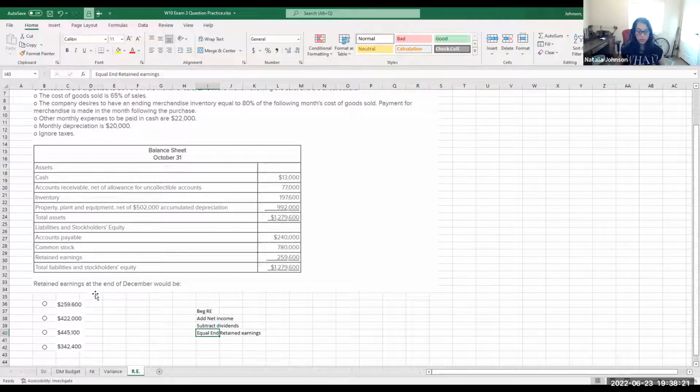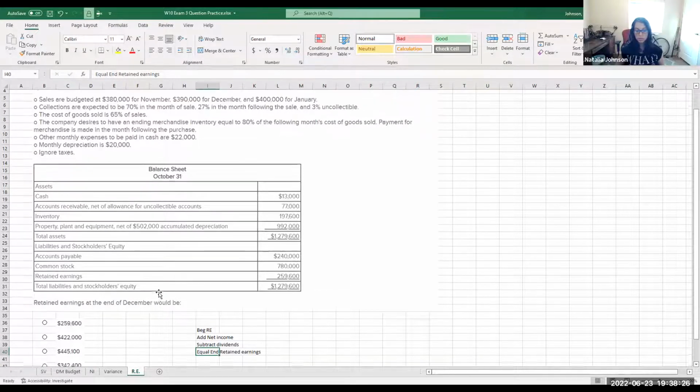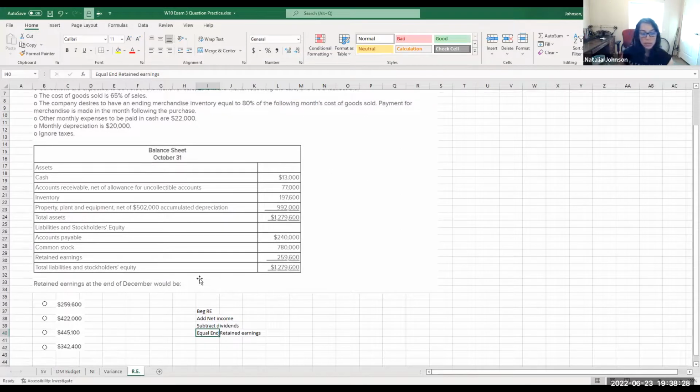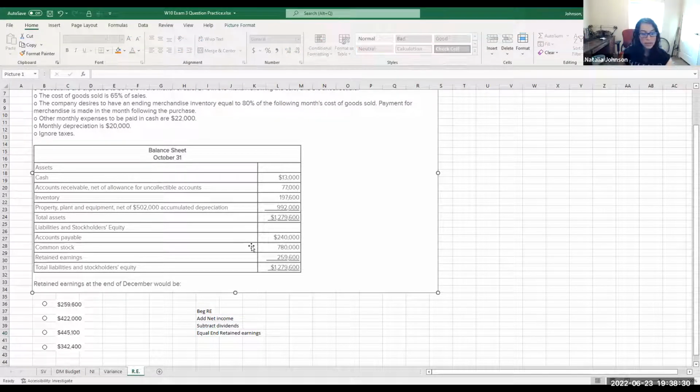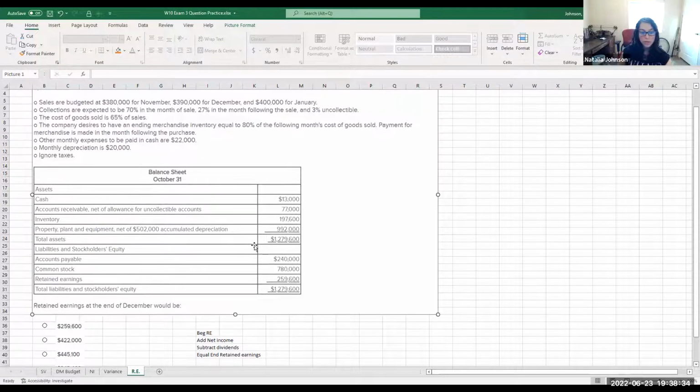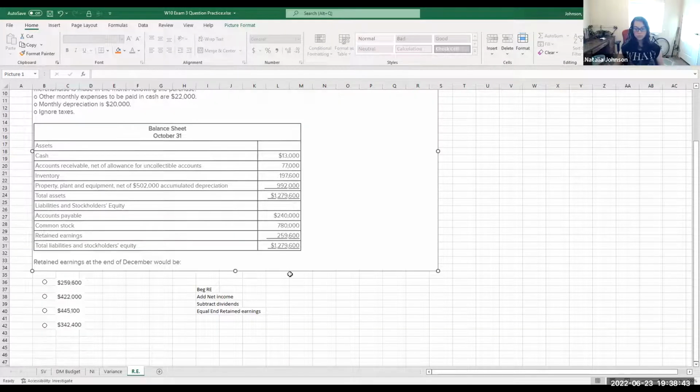So they're asking for retained earnings at the end of December. That means the beginning retained earnings in this balance sheet is as of October 31st. Because we need the retained earnings for December, we need to find the net income of November and December, both of the two net incomes.